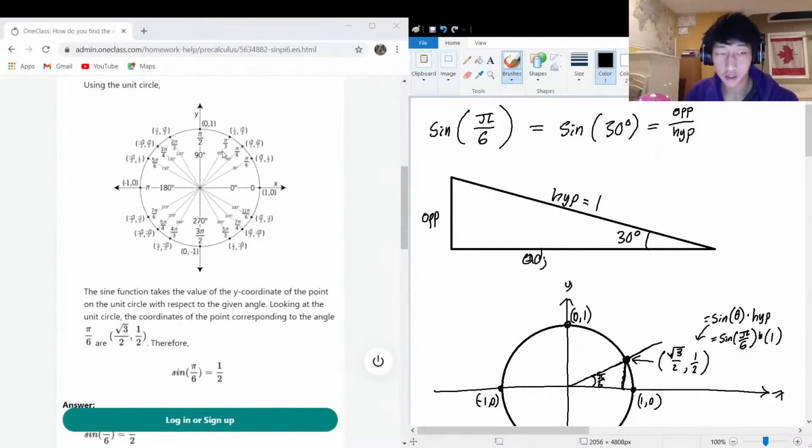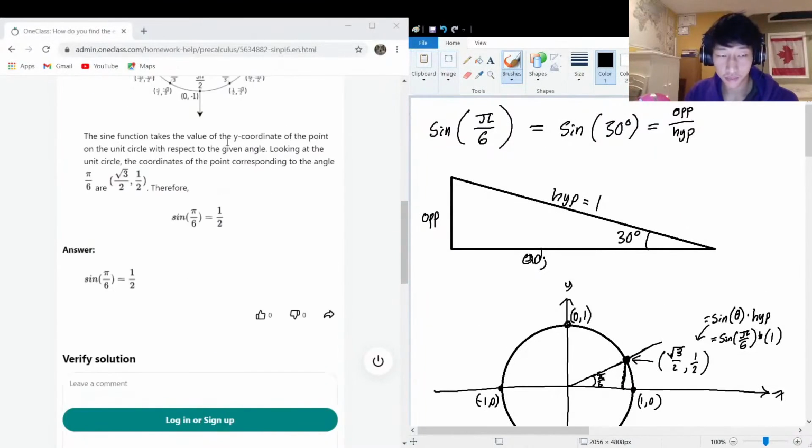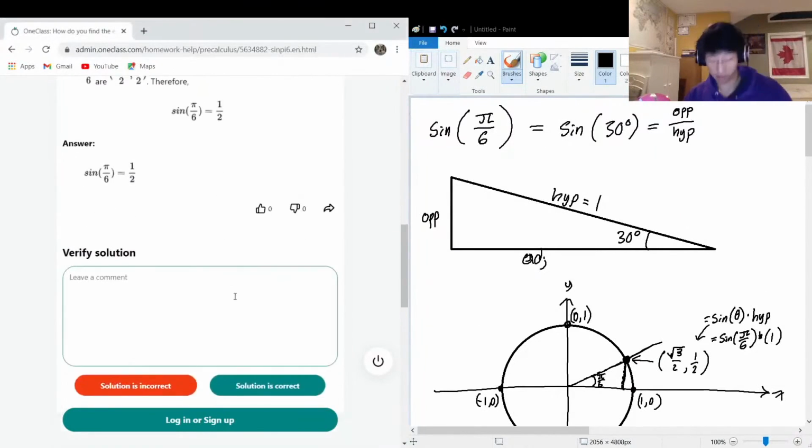Okay, so yeah, that is correct. But you can also just put that into the calculator.